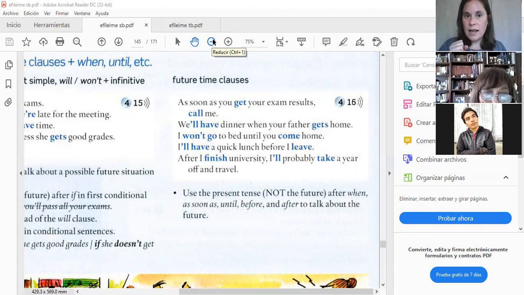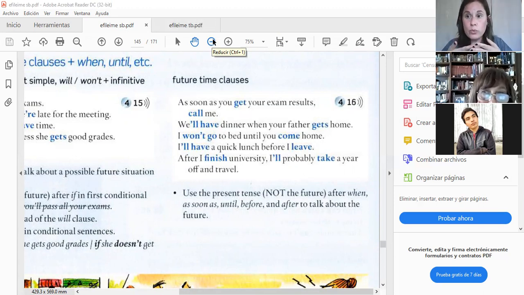Yo puedo decir, as soon as you will get your exam results, call me, ni bien tendrás los resultados, o ni bien tengas. Good. Con las cláusulas futuras, el verbo va en presente.